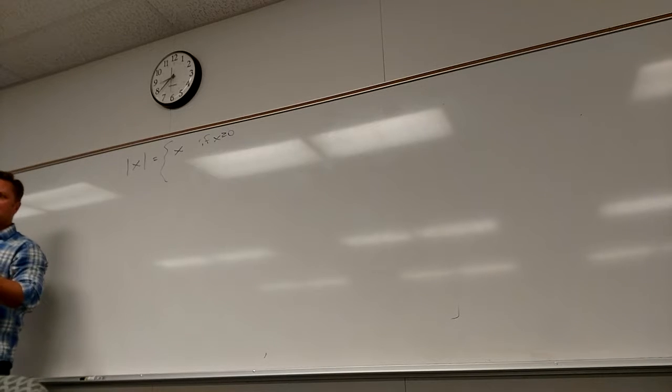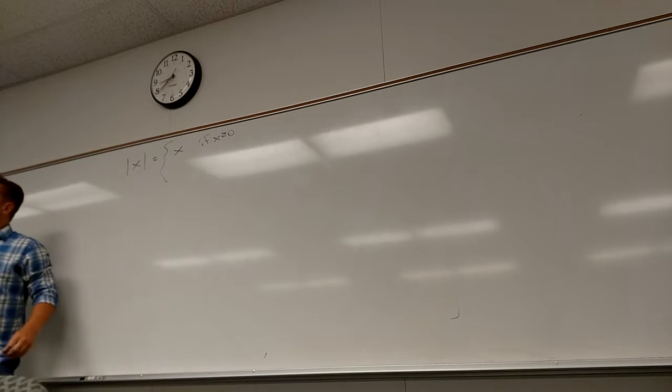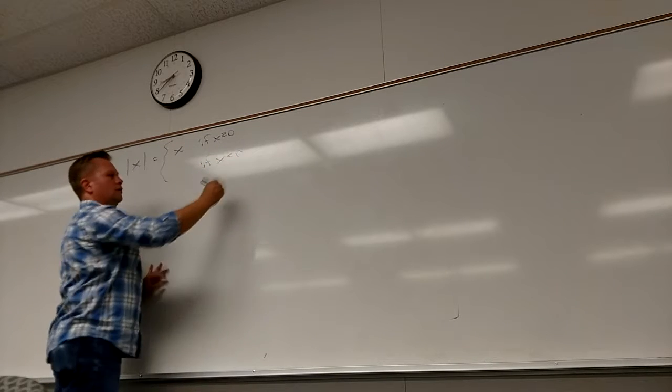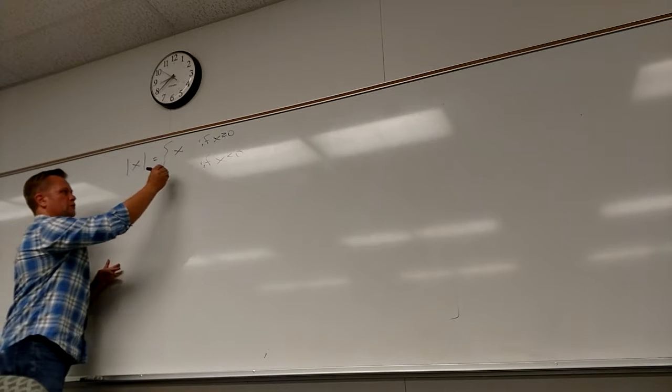Now, algebraically, how do you change something's sign? So if x is negative, I have to change its sign. How do you change something's sign? You multiply by a negative. Now here's what blows people's minds.